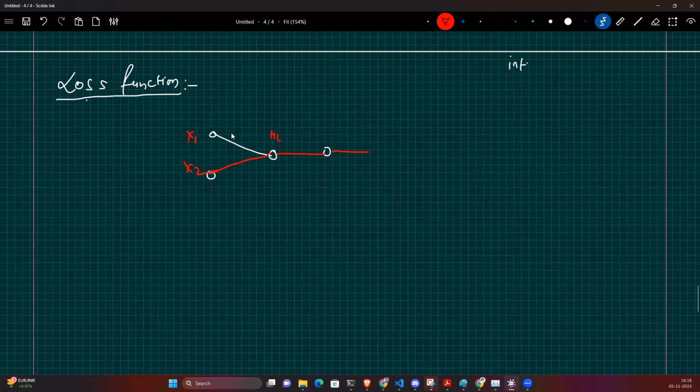This is W1, W2, and this is W3. Now try to understand what I'm trying to say. We will get the output, which we consider y cap. Then we calculate the loss, y minus y cap.